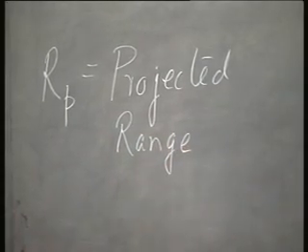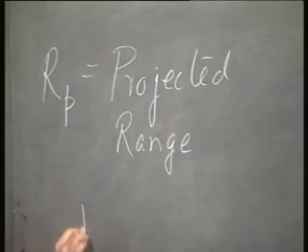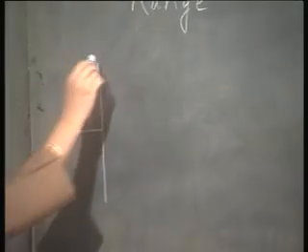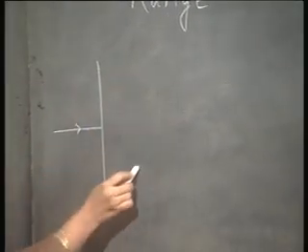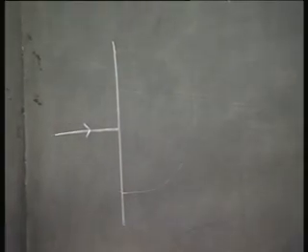The concept of projected range is very important. See, when we discussed the range, what did we say? That this is how the ion beam is coming and the ion can come to rest anywhere in this region. Okay?